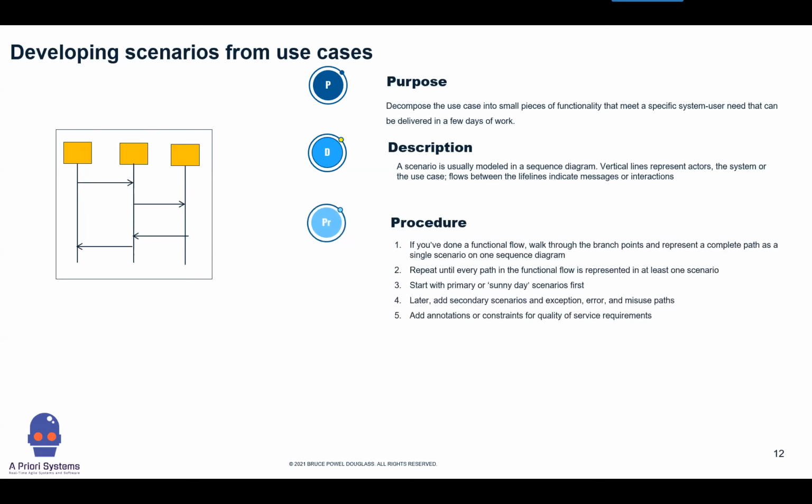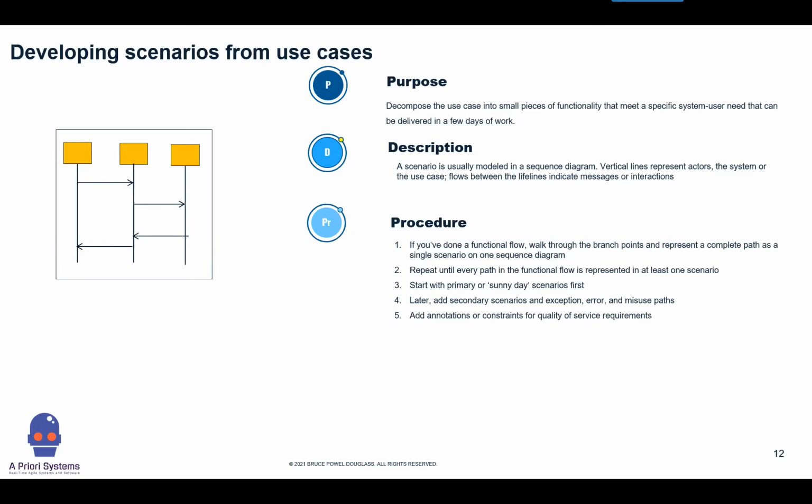If you've done a functional flow, again, a scenario is a singular path through that functional flow, where you take a singular decision at all branch points and represent that. If you take other decisions, that's a different scenario, a different sequence diagram. Every path in a functional flow should be represented in some sequence diagram somewhere to get what I call a minimal spanning set.